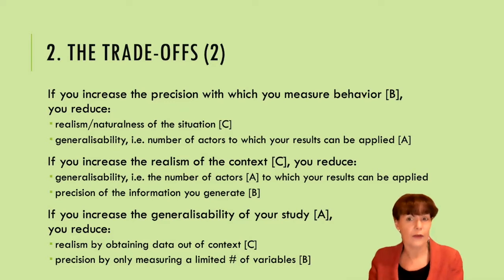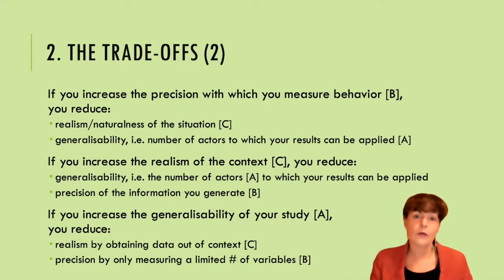So that's context. Then let's assume you're trying to increase the generalizability of your study, focusing on the actors instead, by conducting a large-scale sample study with a population that's representative of the general population.